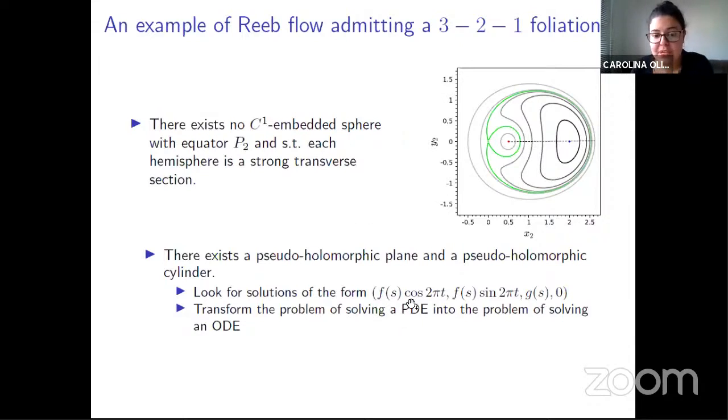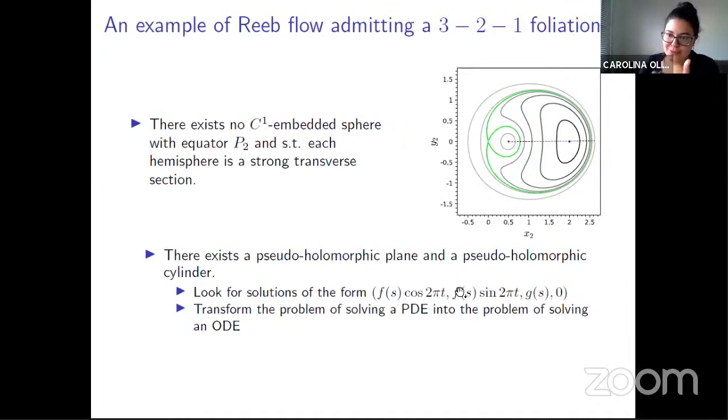so that we can use this symmetry to transform the problem of solving the Cauchy-Riemann equation, that is a PDE, into the problem of solving an ODE, a first order differential equation, because we can assume a priori that our plane is exactly in the x-axis, and it has this form.